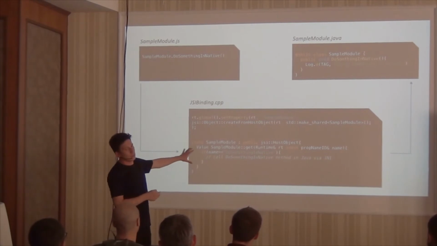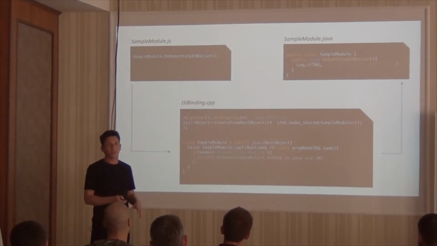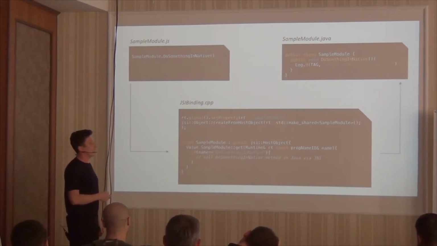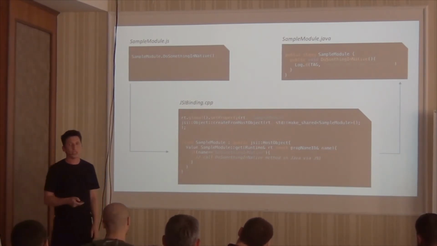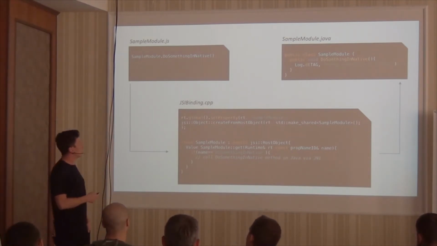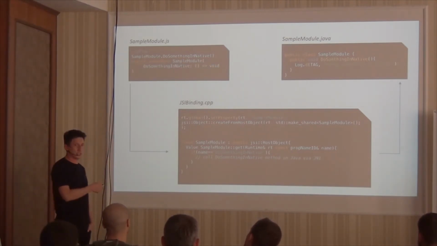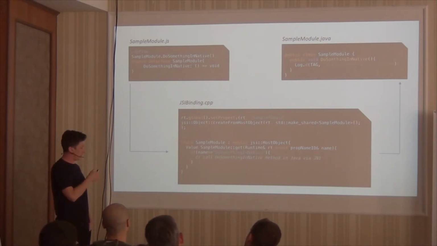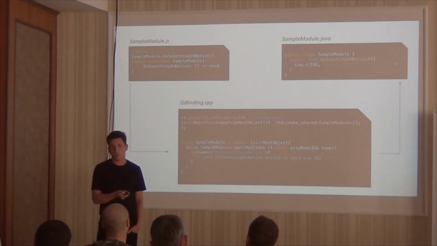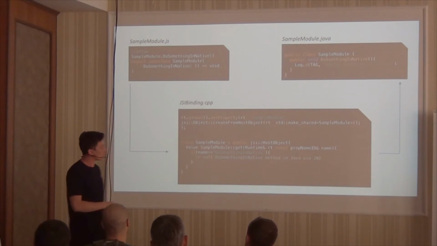This is code that the React Native developer is not supposed to implement. It's kind of generic code. And currently, the React Native team is working on implementation of auto-generating this code by defining an interface in JavaScript. So this code will be generated at build time, and then we'll be able to invoke it.